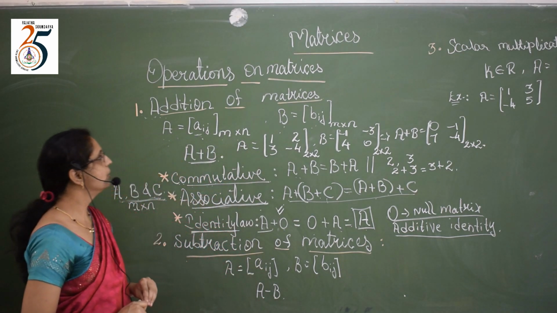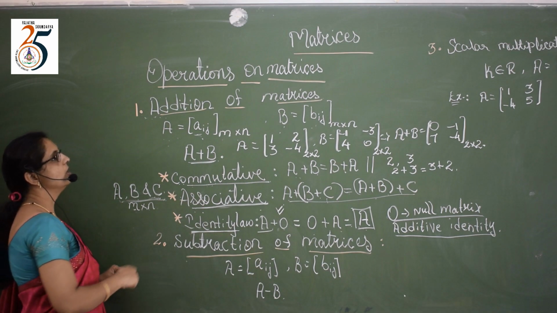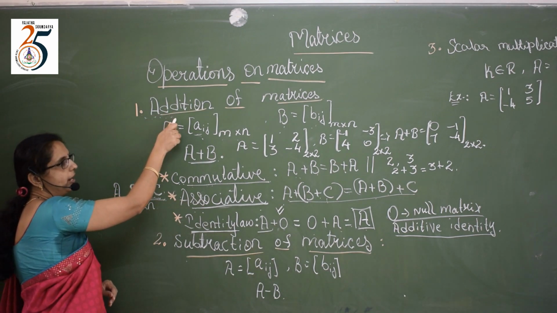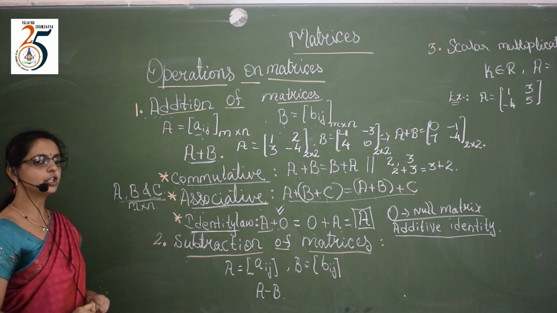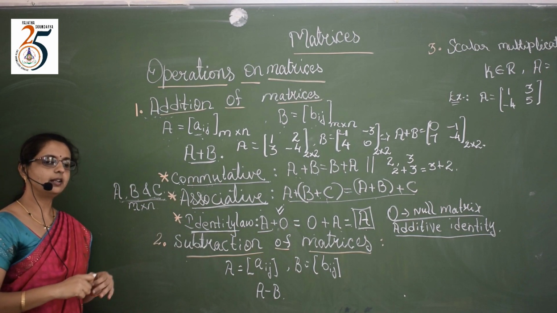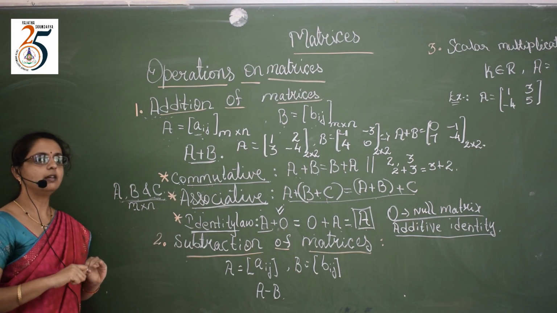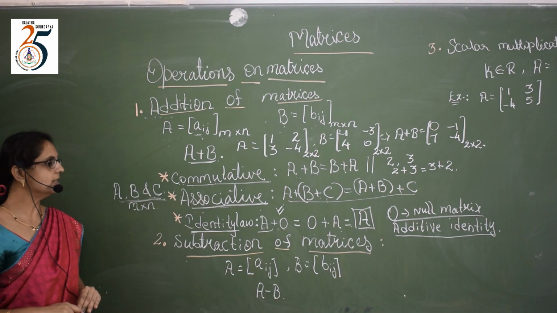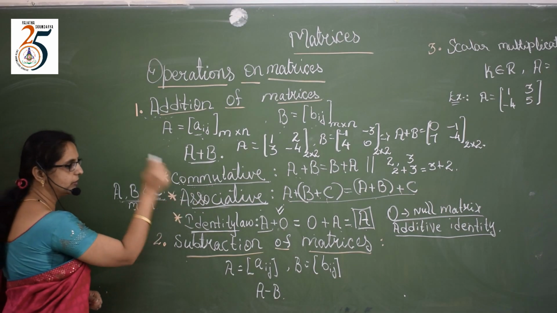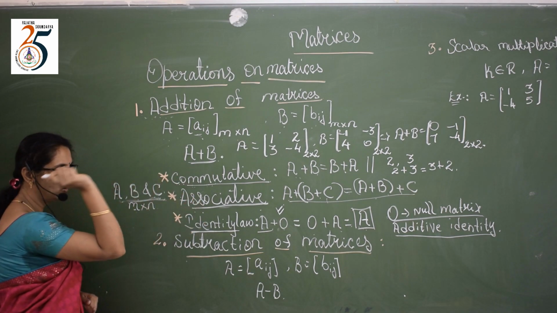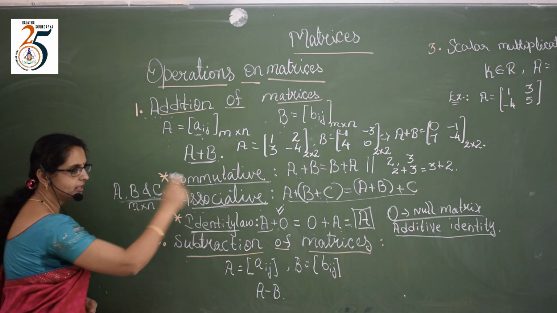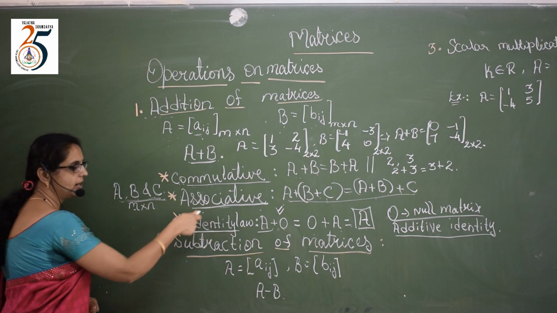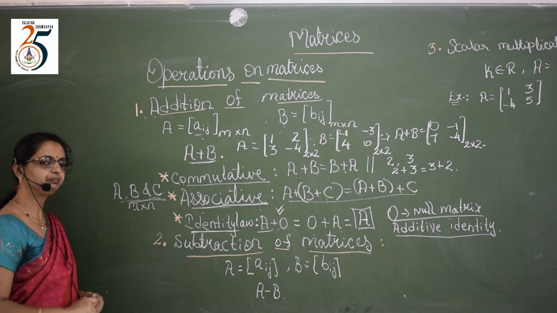So till now, students, you have come across the first operation of matrices called as addition of matrices. We can add the matrices provided the given matrices are of equal order. Addition of matrices satisfies commutative law, associative law, and even it has an identity matrix, that is under identity law.